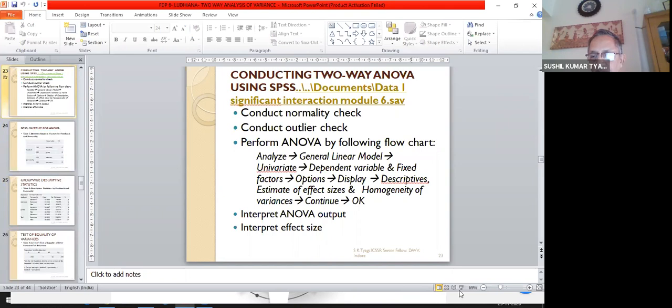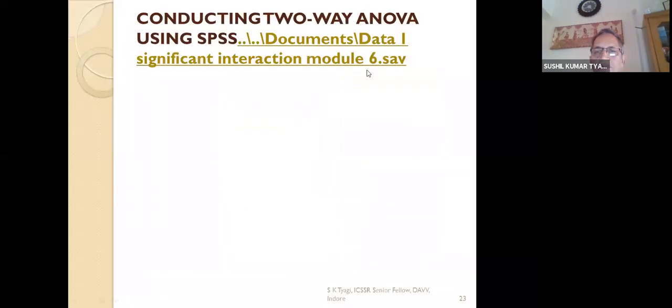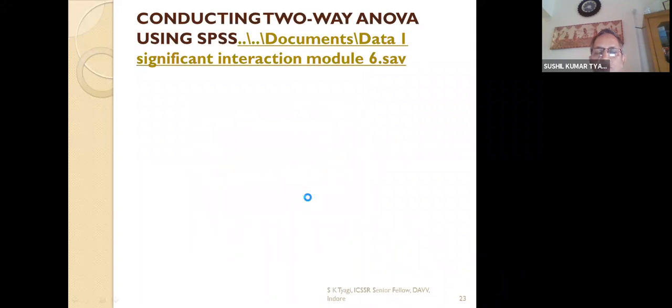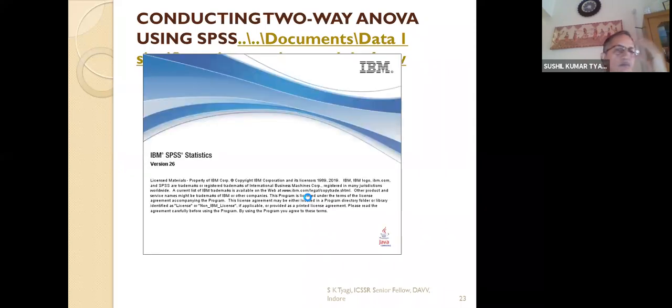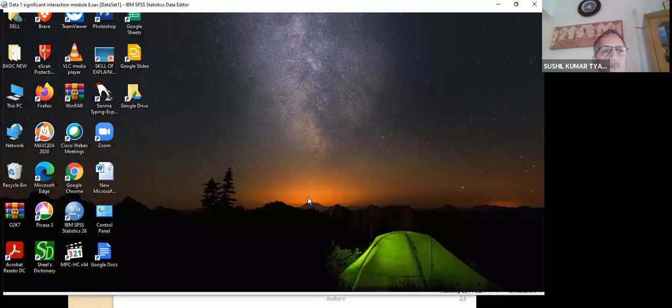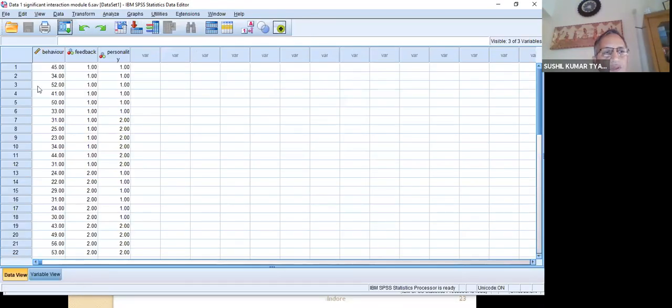I'm going back to this data. So we saw that it was a balanced design ANOVA.